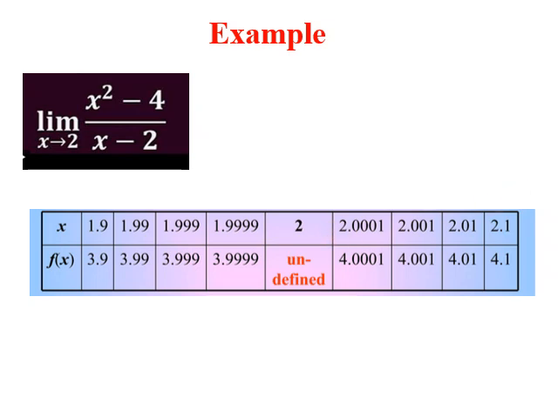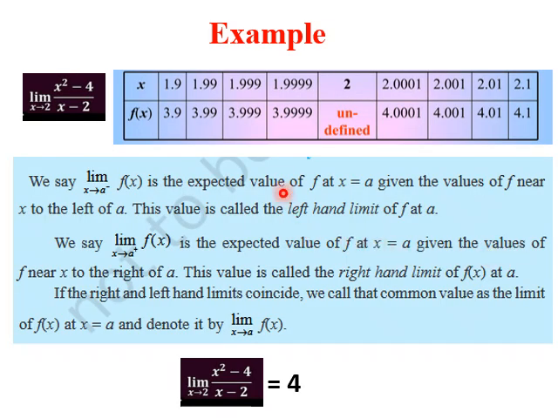Let us try to summarize what I have told. We have taken this function and are trying to find the limit as x tends towards 2. We have evaluated at values from 1.9 to 2.1, closer to 2. The limit as x tends towards a minus, where a minus means coming from the left of a, is the expected value of f at x equal to a, given the values of f near x to the left of a.